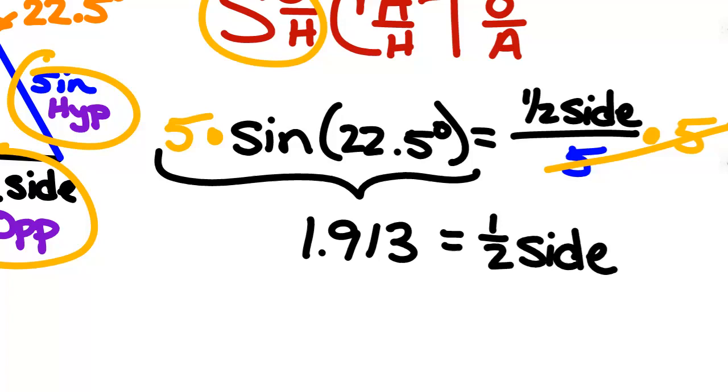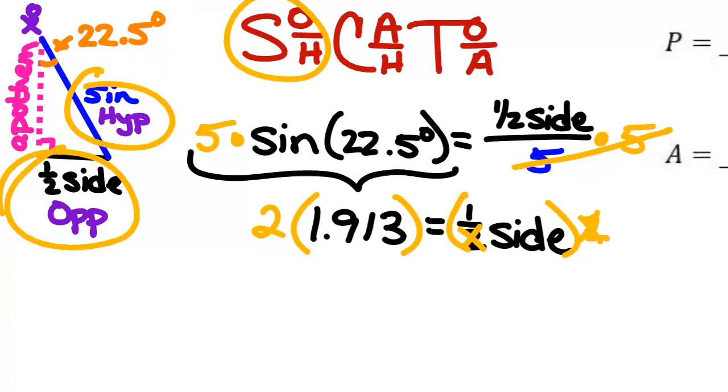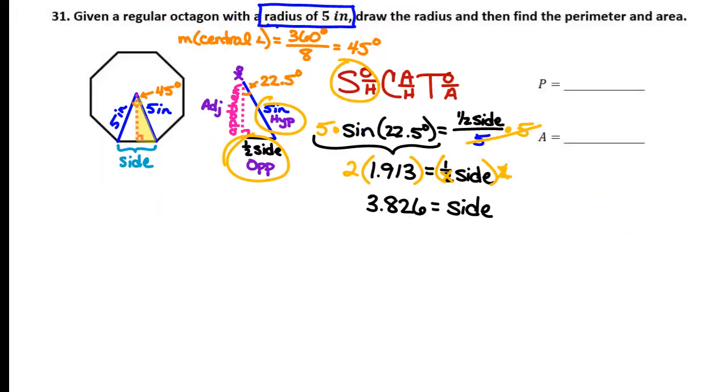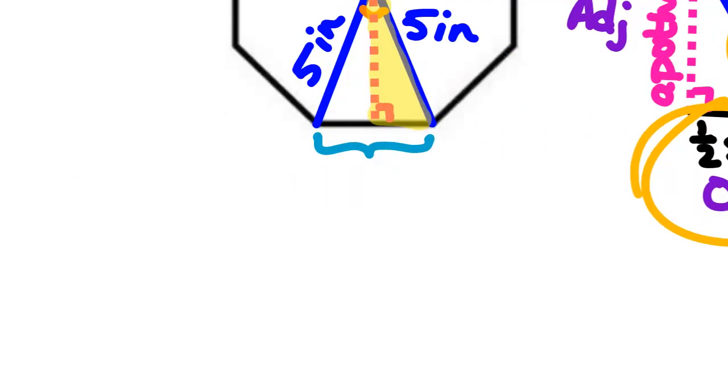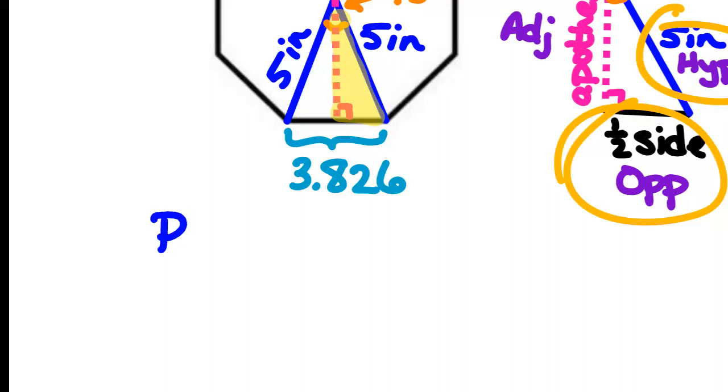So how do I make it a whole side then? Times it by 2. Yes. 3.826 is equal to the side length of the octagon. So now how do I find the perimeter then? Times it by 8. Number of sides times the length of each side.